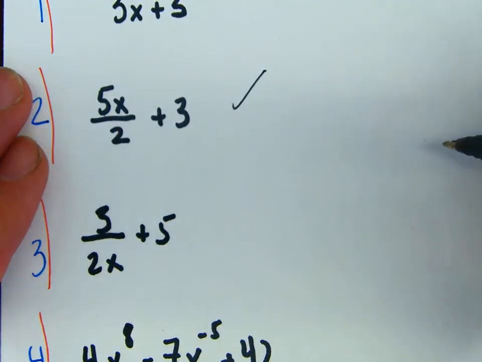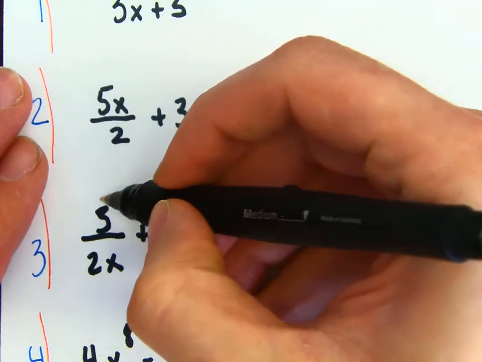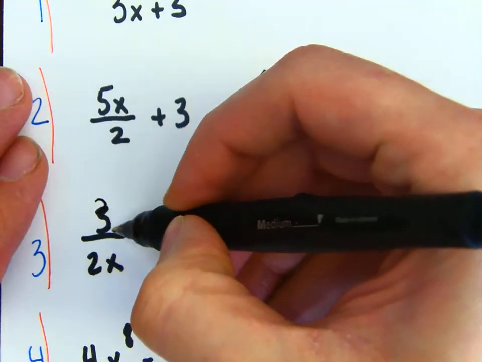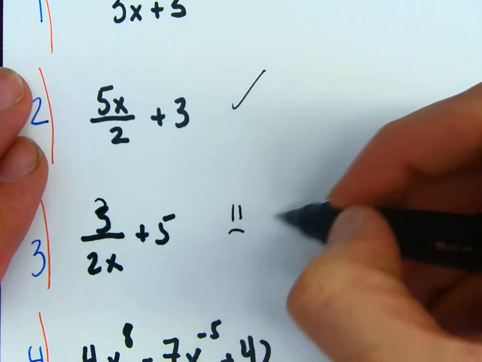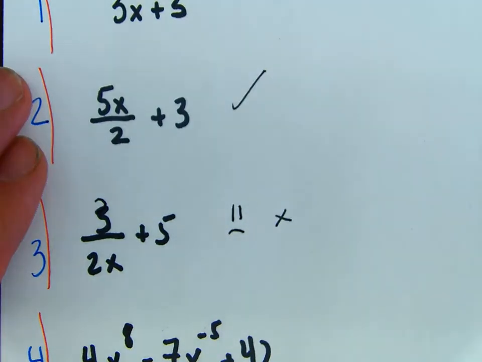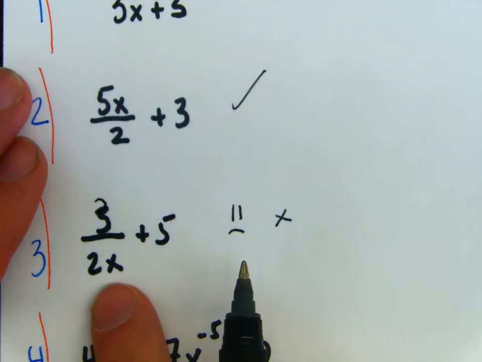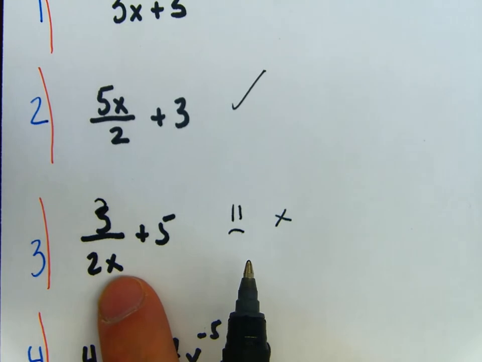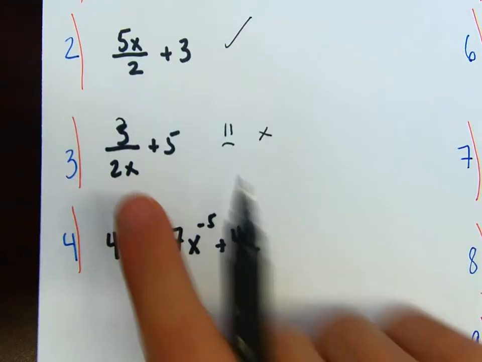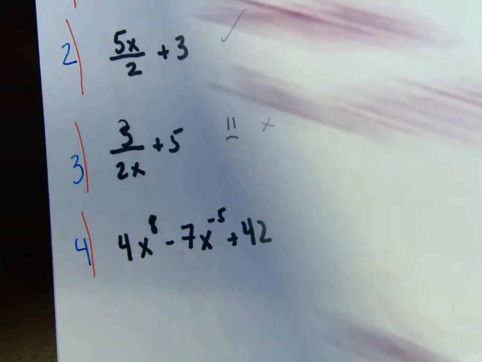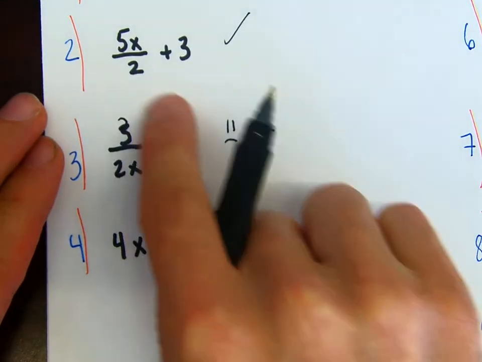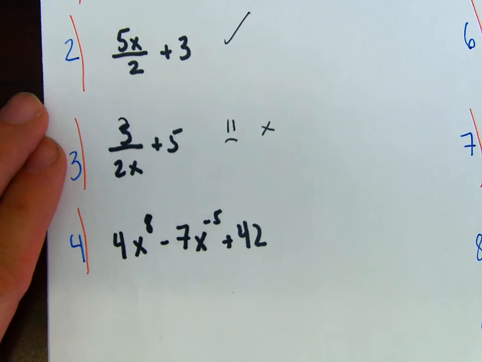Life is okay. Here, if I have, let's say, 3 over 2x plus 5, is this a polynomial? This is not a polynomial, because within this expression, you're dividing by a variable. And you're not allowed to divide by a variable. So for question 3, this expression is not a polynomial.